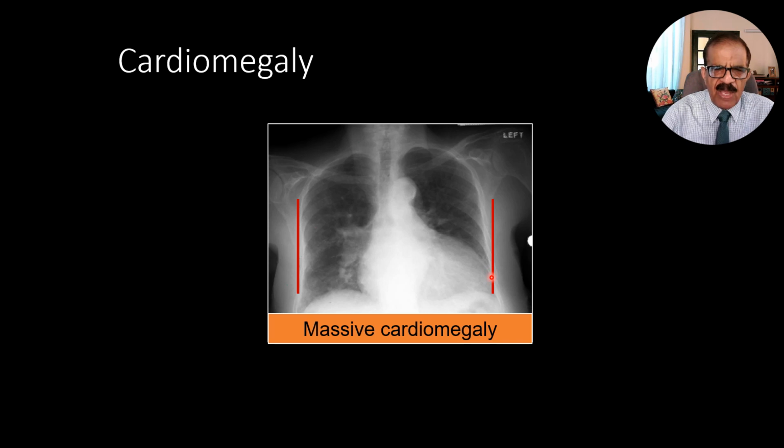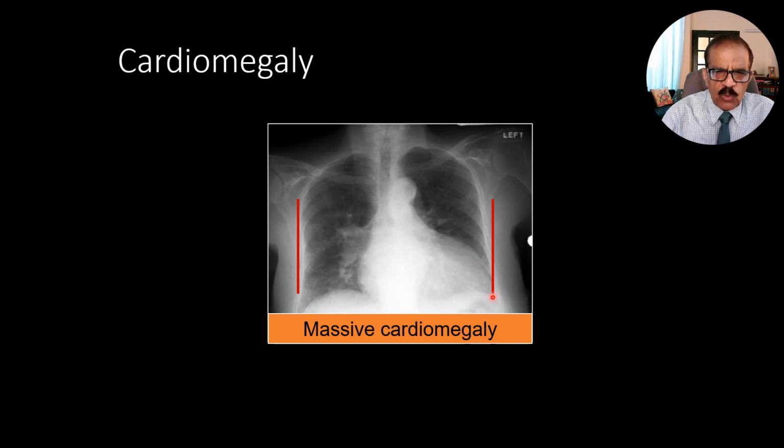So I think just imaginary lines. And these lines correspond to the internal thoracic diameter. So they should be chest cage, bony, internal thoracic bony diameter. This is the chest cage. This soft tissue should be excluded.